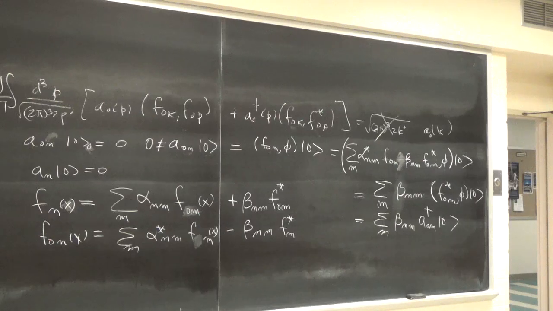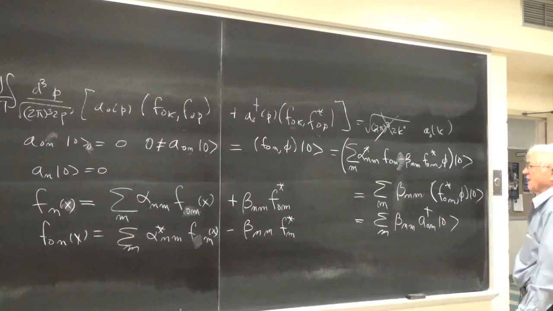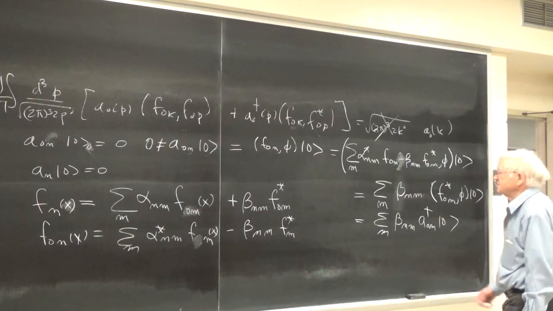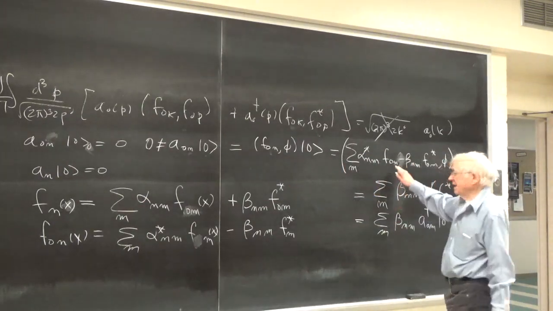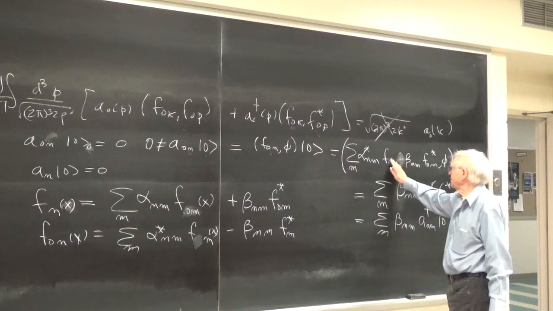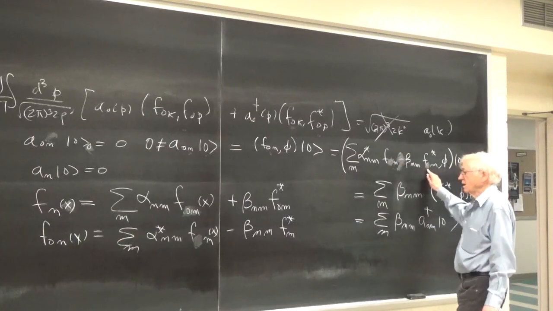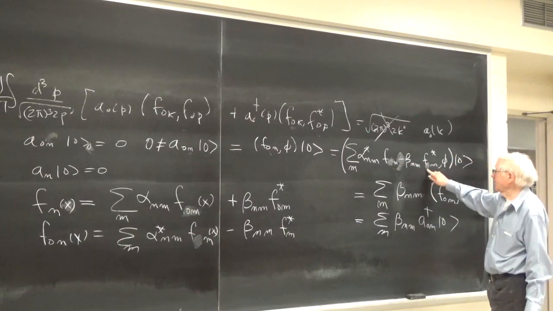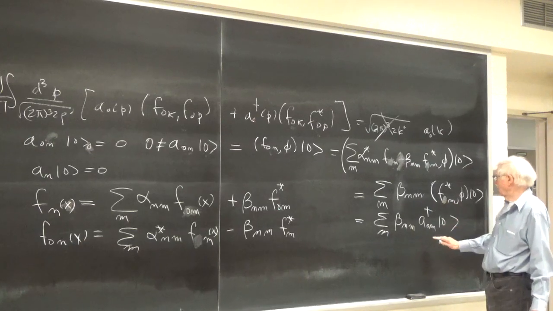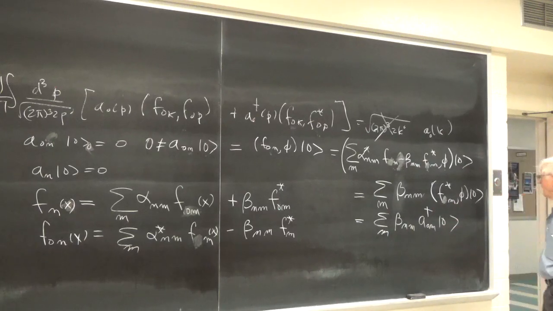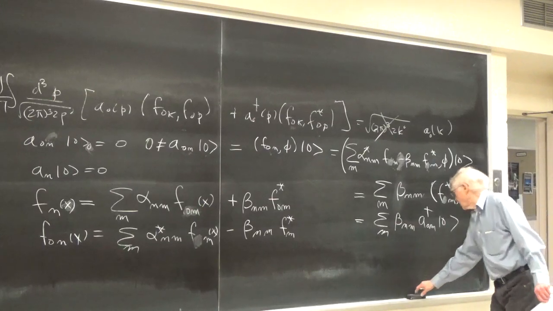Yeah, I think you're right. I screwed up again. So this is F0n, and now we've expressed it. Ah, yes, you're right. And so then F star, so there's no zero here.